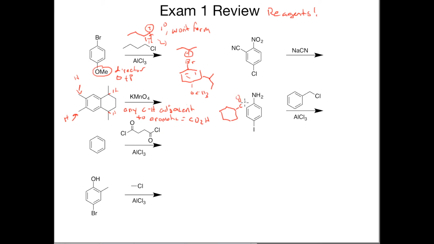Running out of room. So we should have 4 carboxylic acids on each piece.